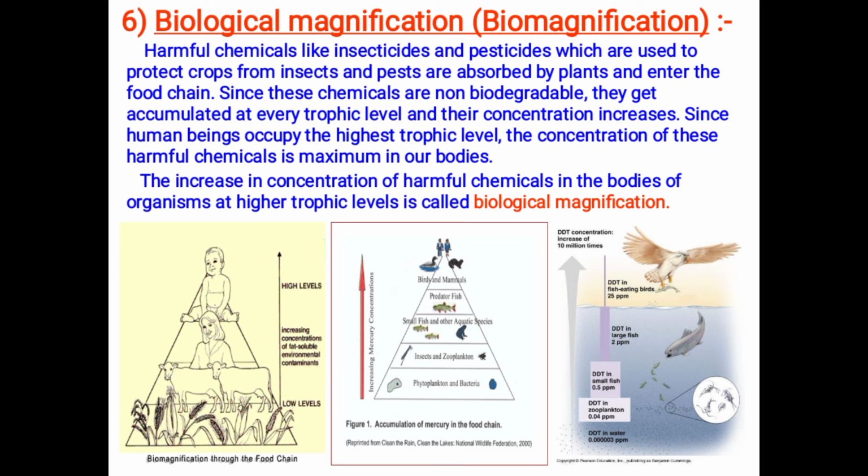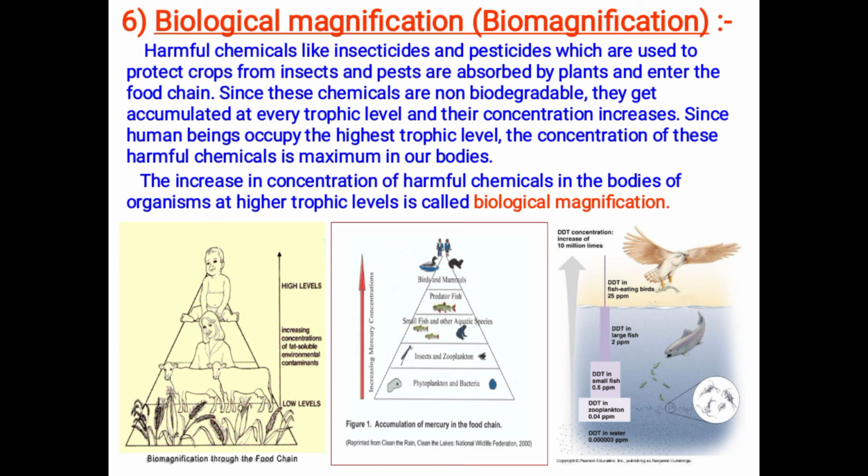Okay, so in each trophic level, as energy decreases, the concentration, means the amount of chemicals, increases in each trophic level. This increase in concentration of harmful chemicals in the bodies of organisms is called biomagnification.